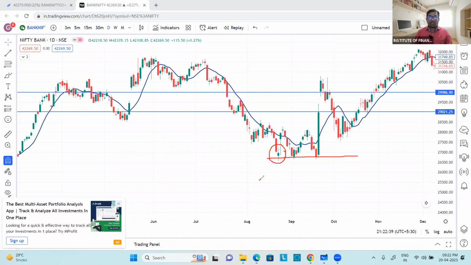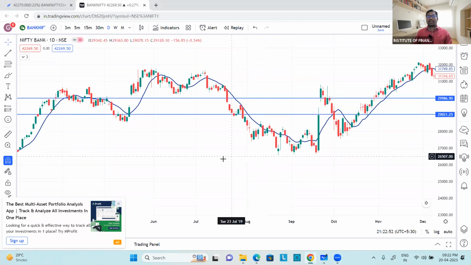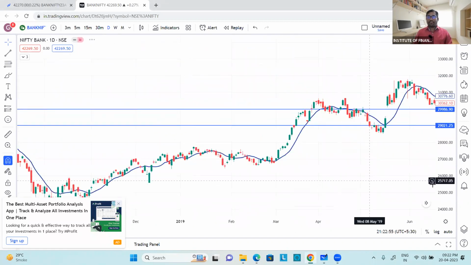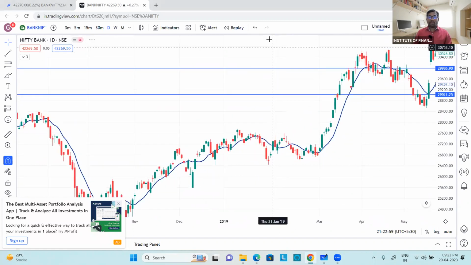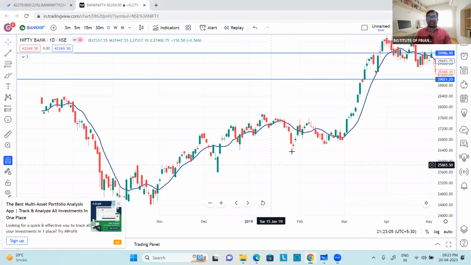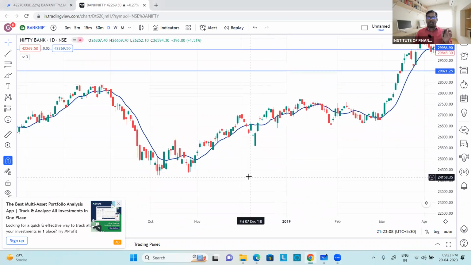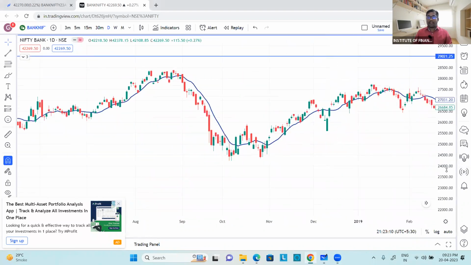Whenever I have shown these abandoned babies, you can see all the reactions worked. It never failed. You are not noting that. Samjo, only that reaction is enough to make a lot of money.